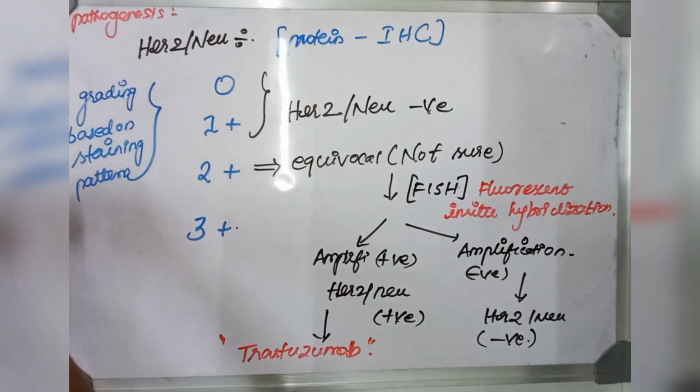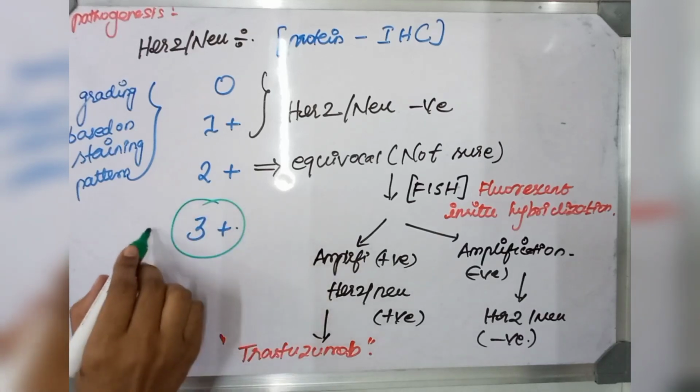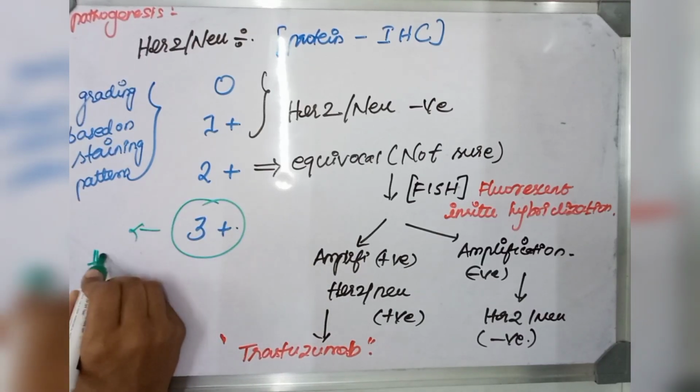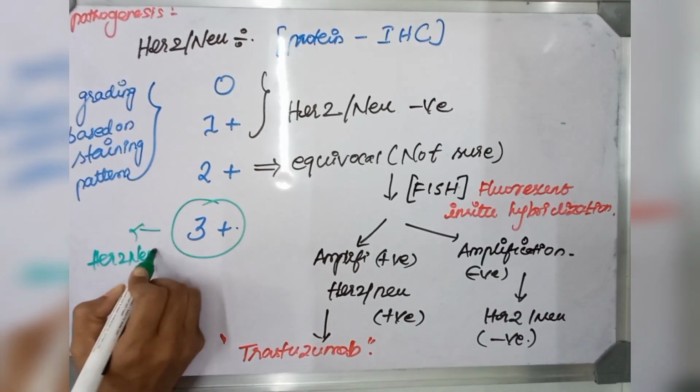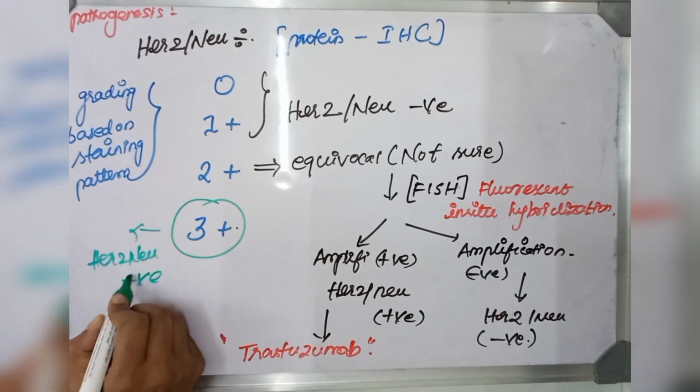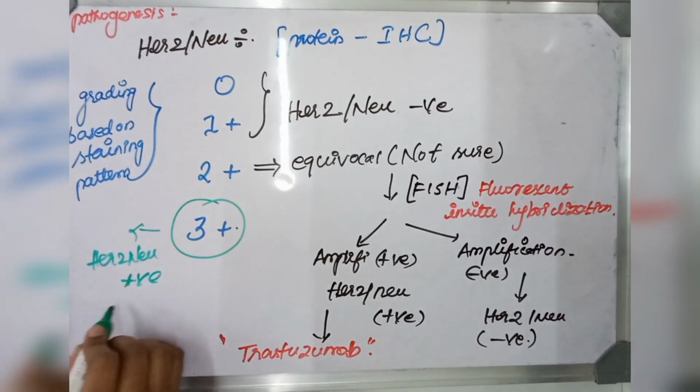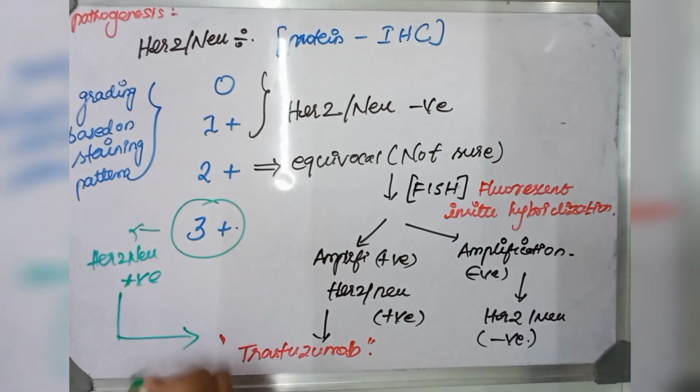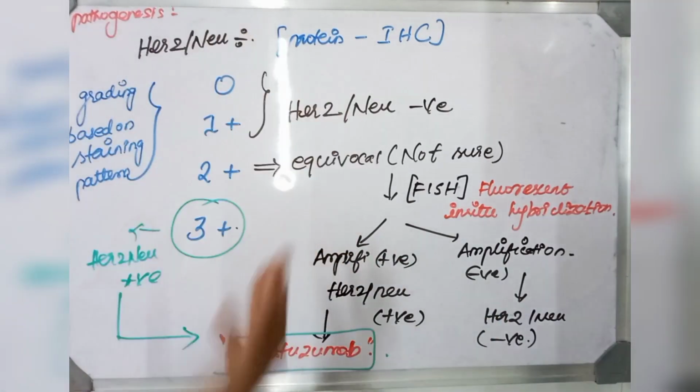Grade 3 actually indicates HER2/neu positive. Simply, this indicates HER2/neu positive. So the next step is going to be giving an antibody, that is trastuzumab. That's it. I hope this makes it simple to understand the key points about HER2/neu.